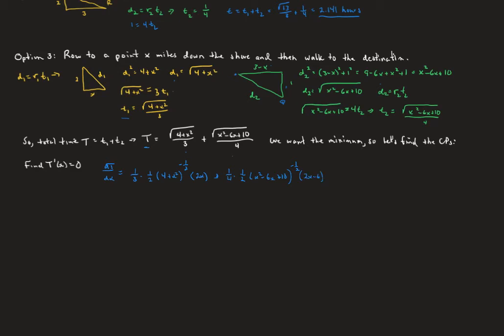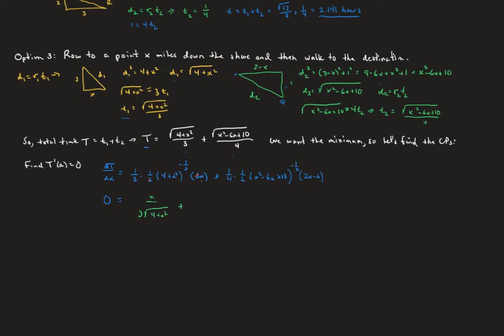So let's see if we can clean this up a little bit, and we're going to set this equal to 0 and try to solve that. I guess we can cancel the 2 and the 1/2 here, and that will take us to x on top, and I'm going to put the 3 and the square root of 4 plus x squared all in the denominator.